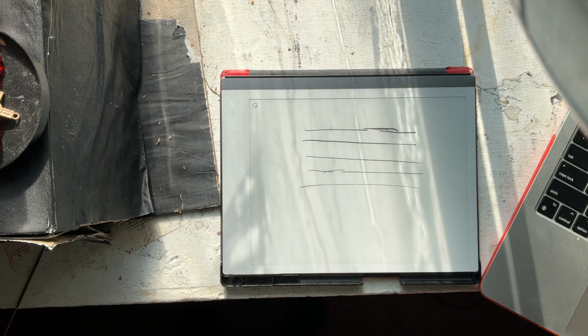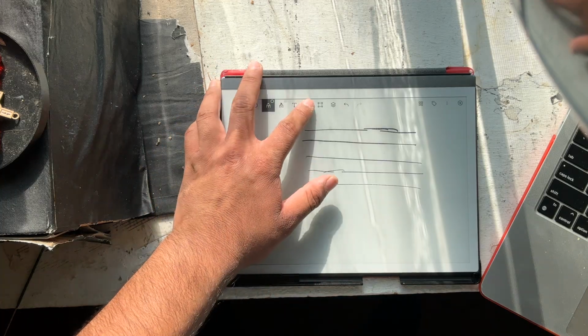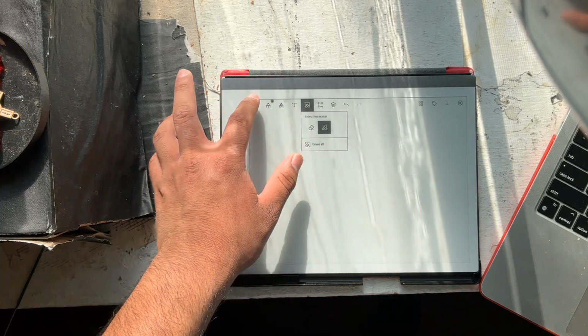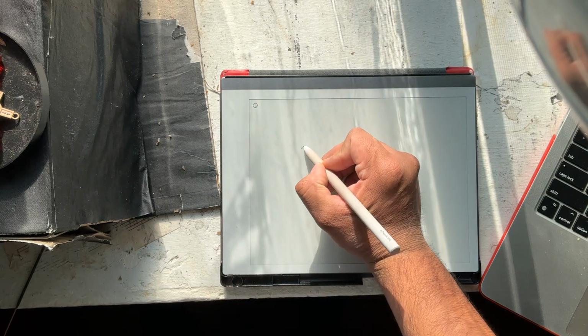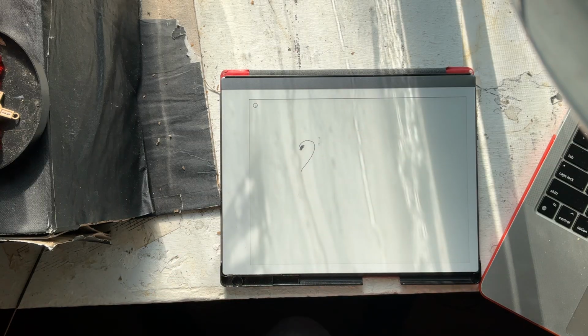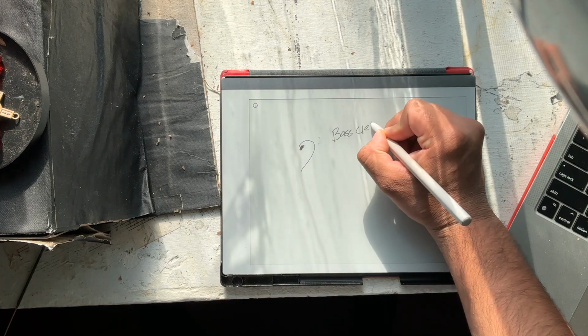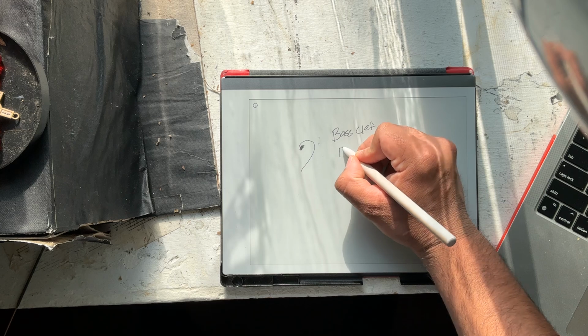Now, let's say you're playing a bass instrument, whether that is bass guitar, cello, trombone, tuba. If I'm missing any, just let me know. You've probably seen this symbol a lot. This is called a bass clef, or an F clef.